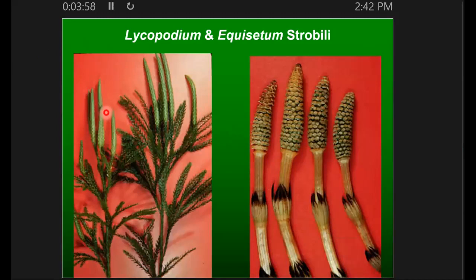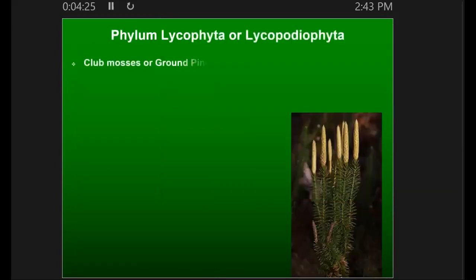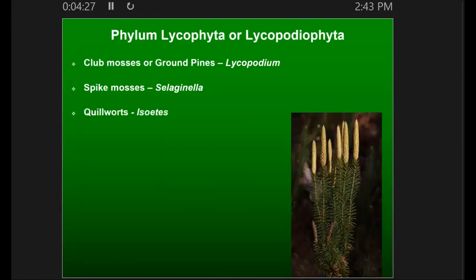You would need a hand lens and a microscope to zoom in on the spores inside, but they're there. And the horsetails on the right have pretty distinct, kind of funky looking strobili, a little more complicated looking compared to the club moss, but it's the same basic idea. Clusters of sporangia, and inside all those sporangia are a bunch of spores that will eventually get released. I think this is new material, the words anyways.